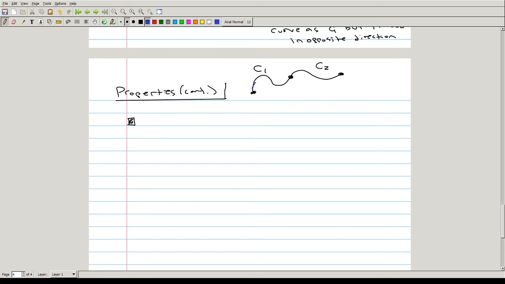Mathematically, we call the combination of the curves C1 and C2 the following. We consider tracing out over C1, and we also include C2 in this blue curve right here. We call this blue curve C1 union C2.